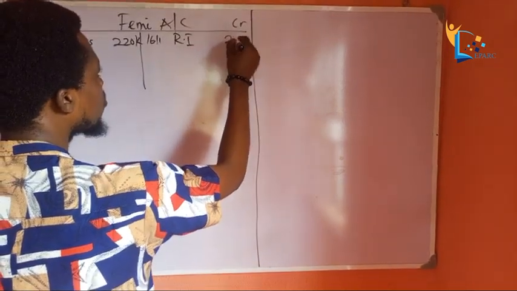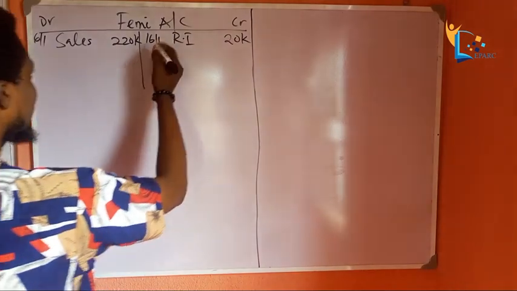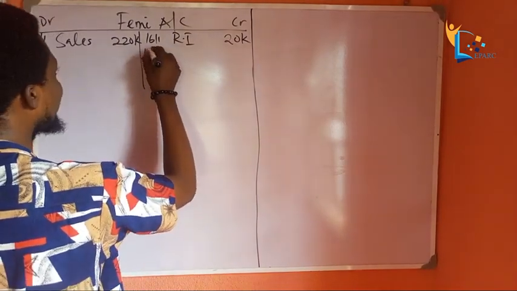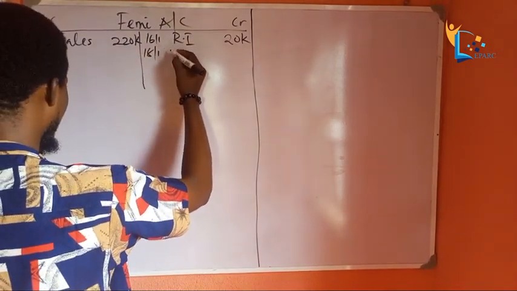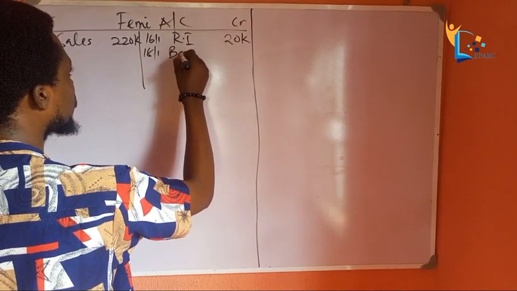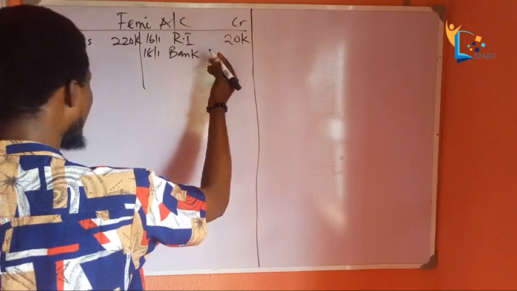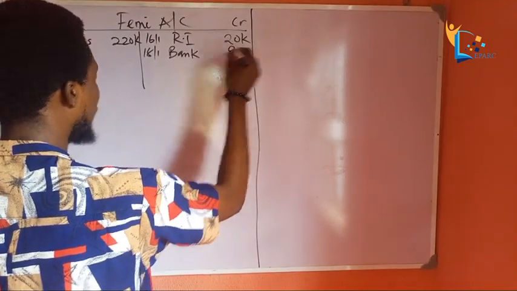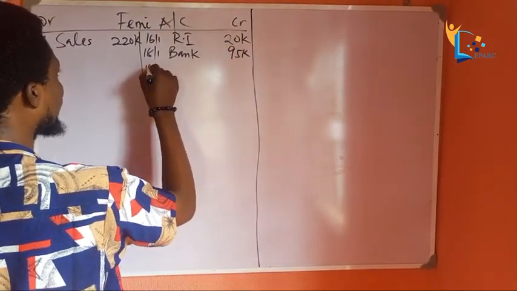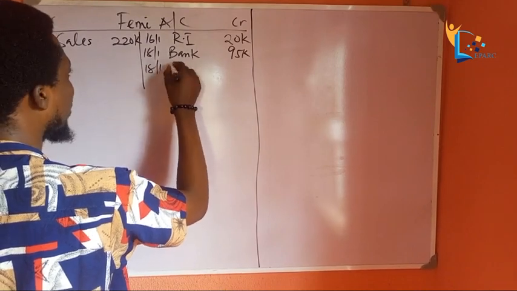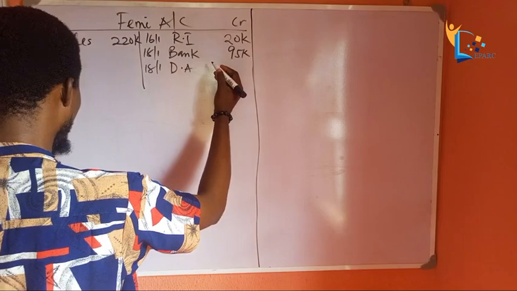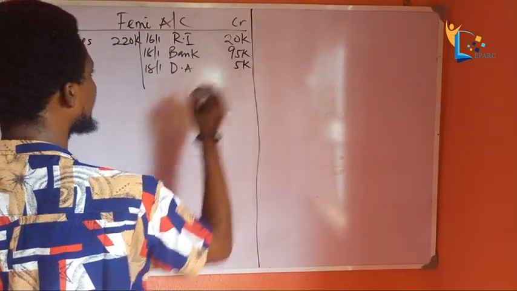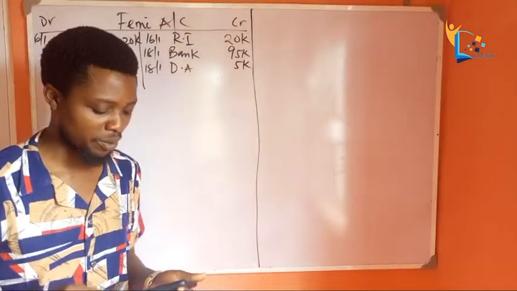Femi returned goods to us, 20K. Then on the 18th of January, he paid us with cheque, that is bank, 95K. Okay, then on the 18th as well, we allowed him discounts of how much? 5K.